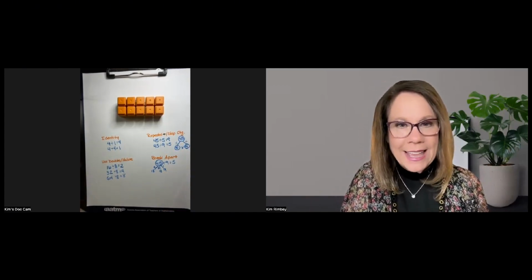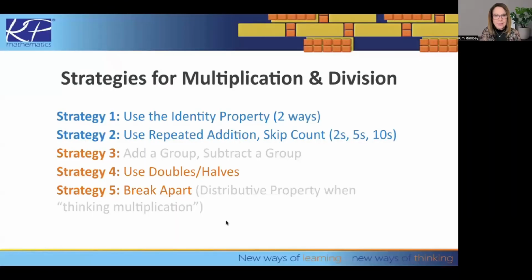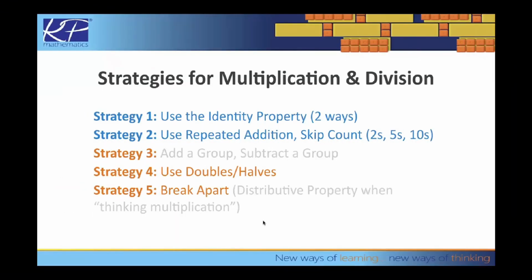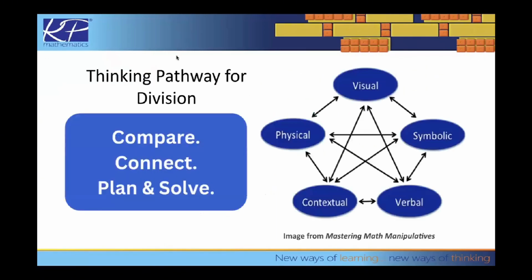One last look at our thinking path for division. We are looking at this idea that when you are dividing, first you want to compare the two numbers, the dividend and the divisor, then connect to what you know about multiplication, then plan and solve.